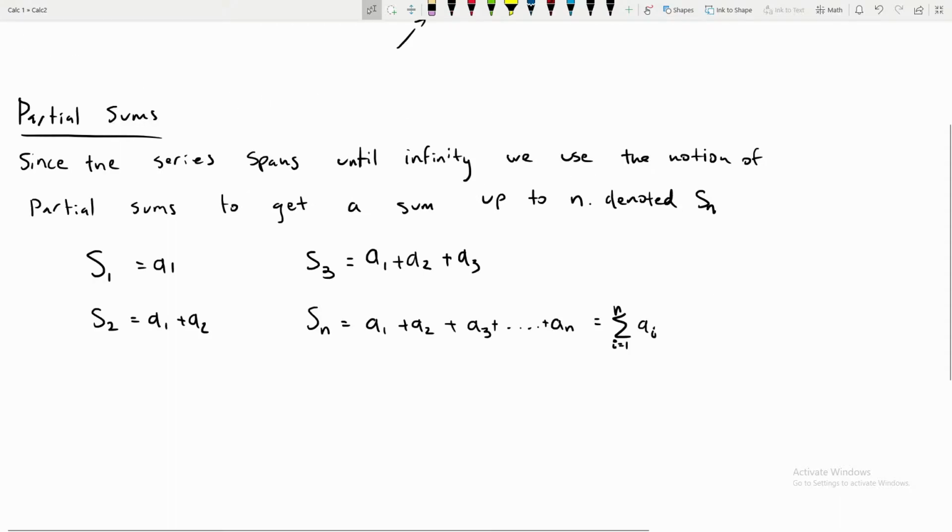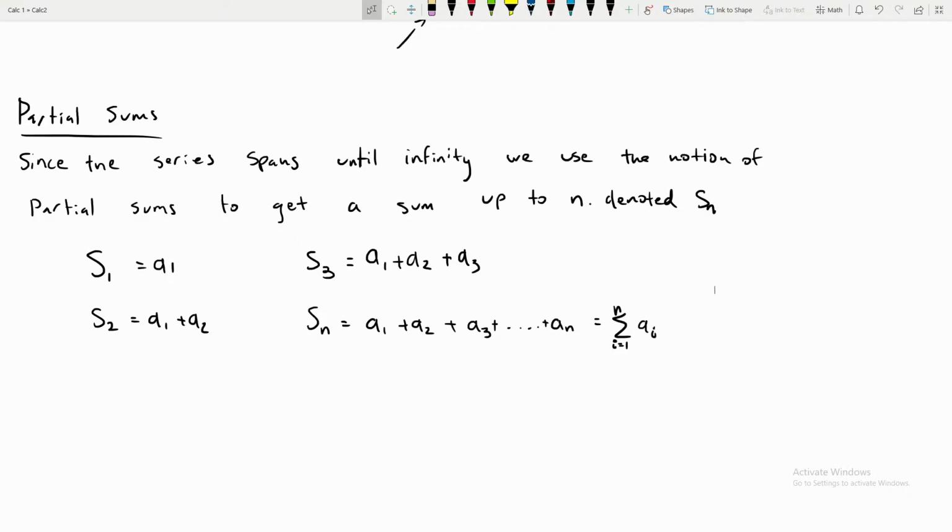So moving on to the topic of partial sums, we know that the series will span from n equals 1 all the way to infinity. So it's going to be this large addition of a bunch of terms. A lot of the time we're interested in what that actually comes out to. Once we add all of these terms, which happen to be infinite, what is the true value?